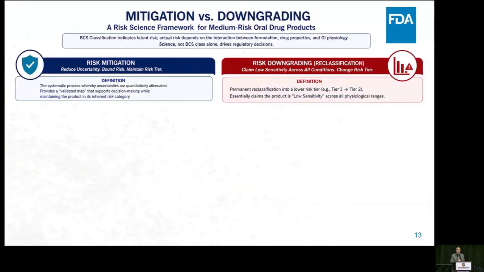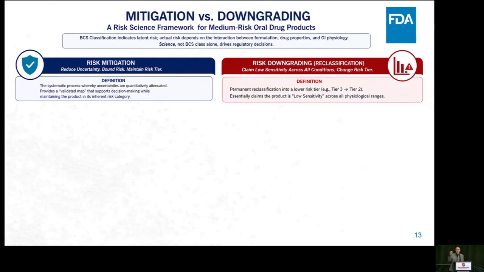Now, our next point: can we rely on this developed model to mitigate or downgrade the risk? So let me first identify what we mean by risk mitigation and risk downgrading or reclassification. For risk mitigation, it means that I have enough evidence and enough tools showing me that this risk is controlled, so that in my scoreboard, I can give it a lower risk score.